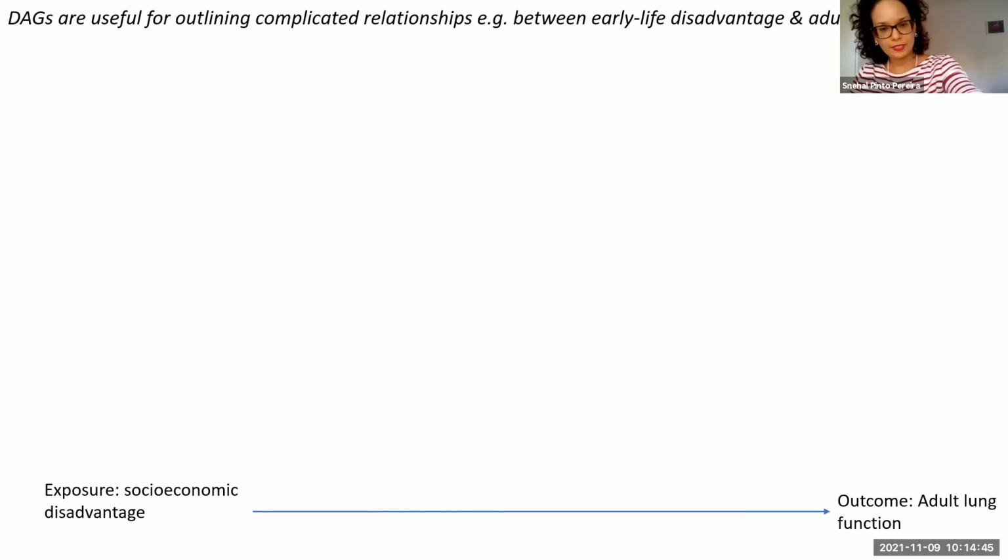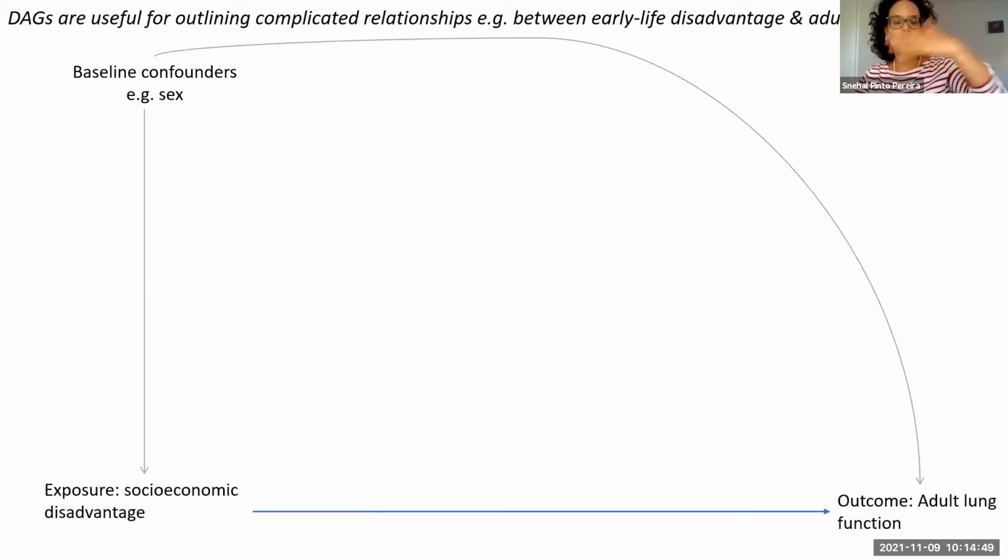So this is my relationship of interest that I'm going to model. And you can have confounders of this relationship, like your sex, for example.